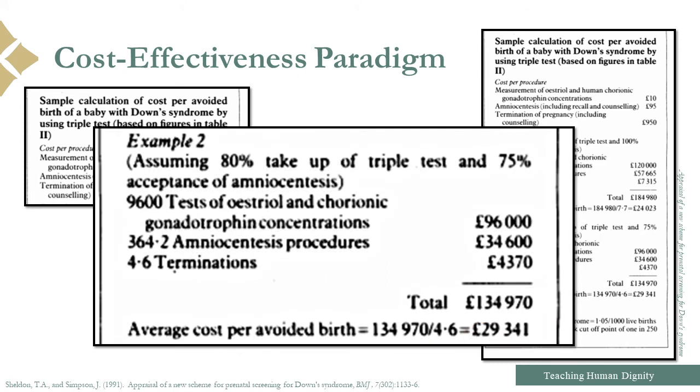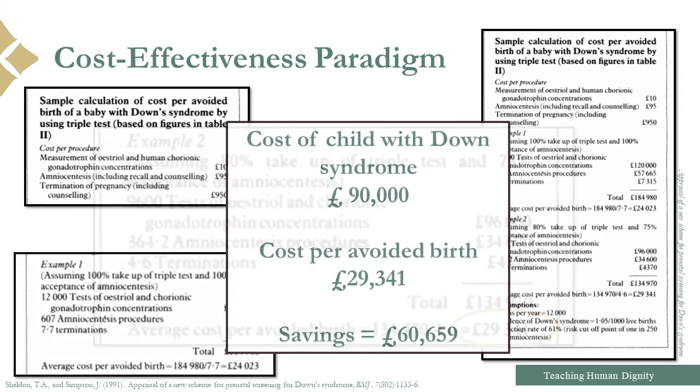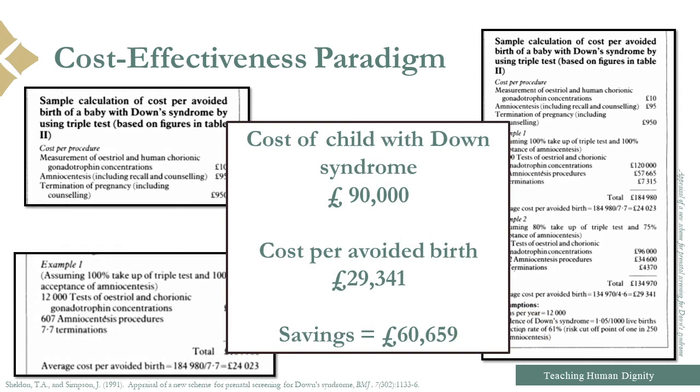With a little less optimal uptake, it's estimated that it would cost about £29,000 per child detected and avoided. So what we do with this figure, obviously, because here's a cost we're going to pay per child detected, is compare it to how much this child will cost us over the course of his lifetime.